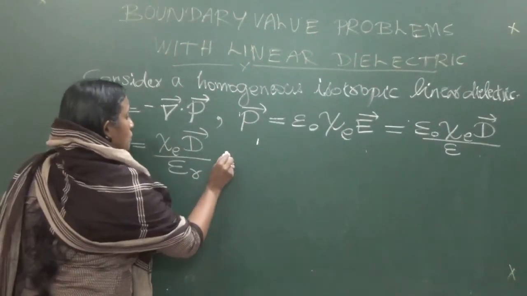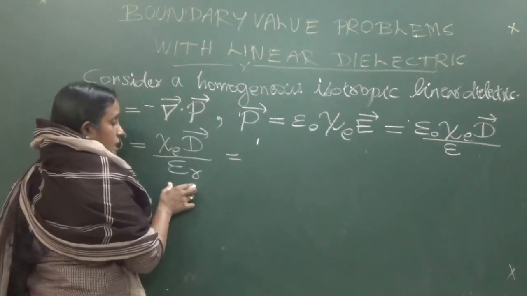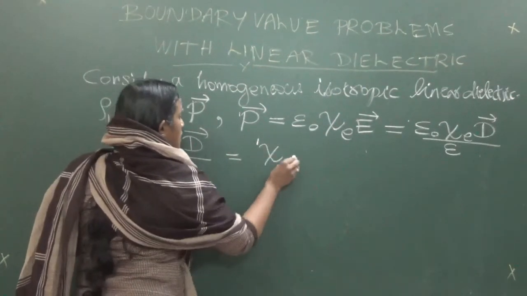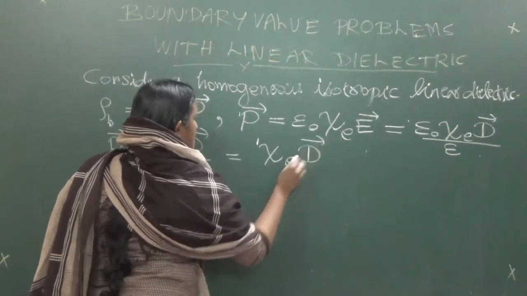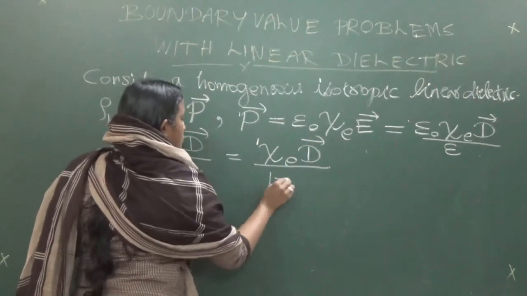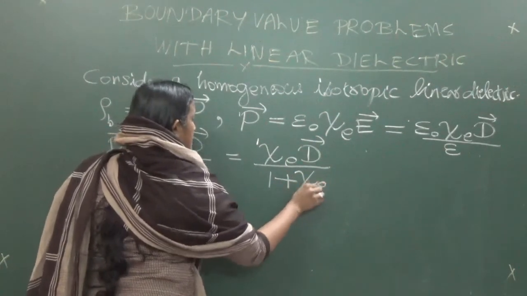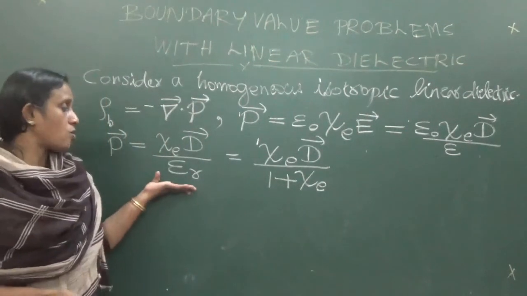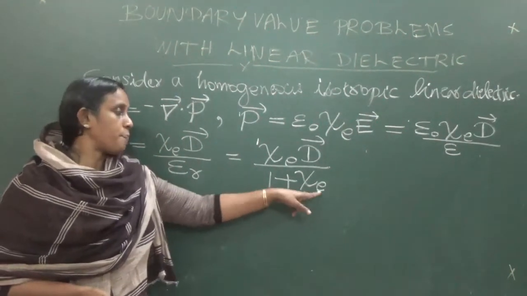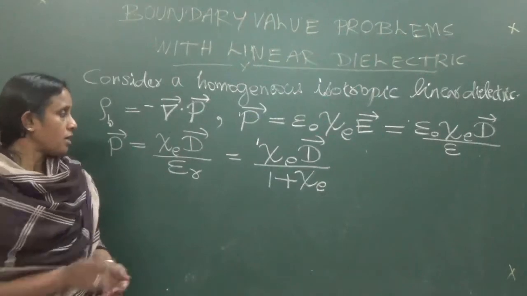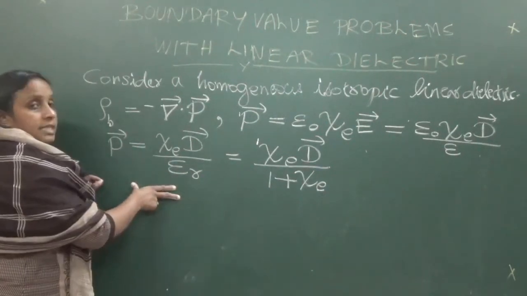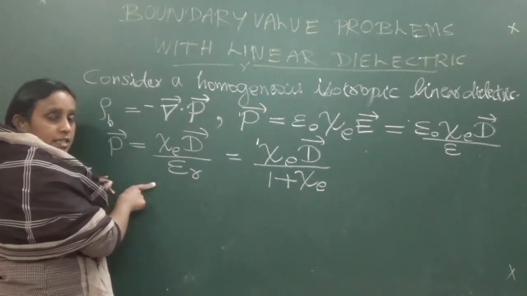You can substitute for this dielectric constant, then you get chi e D by 1 plus chi e. The dielectric constant is equal to 1 plus chi e. Now this is the polarization in the case of a linear dielectric.